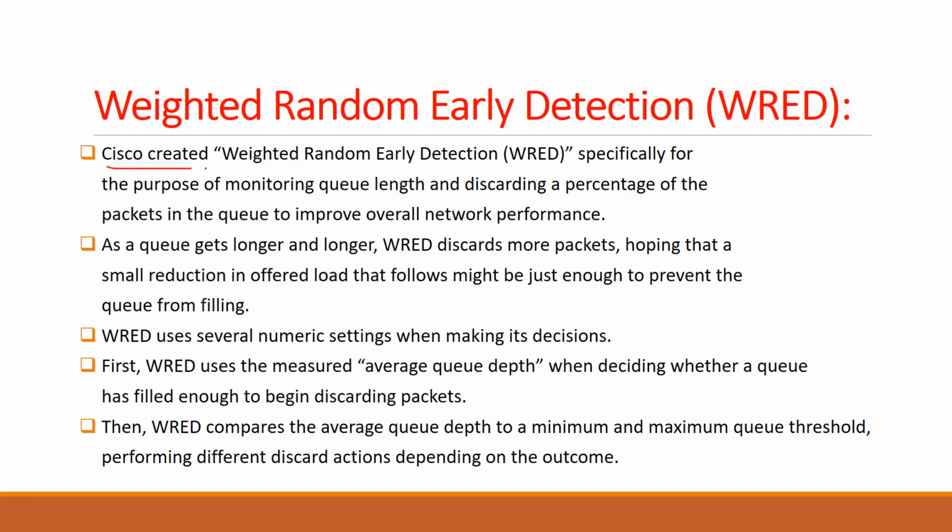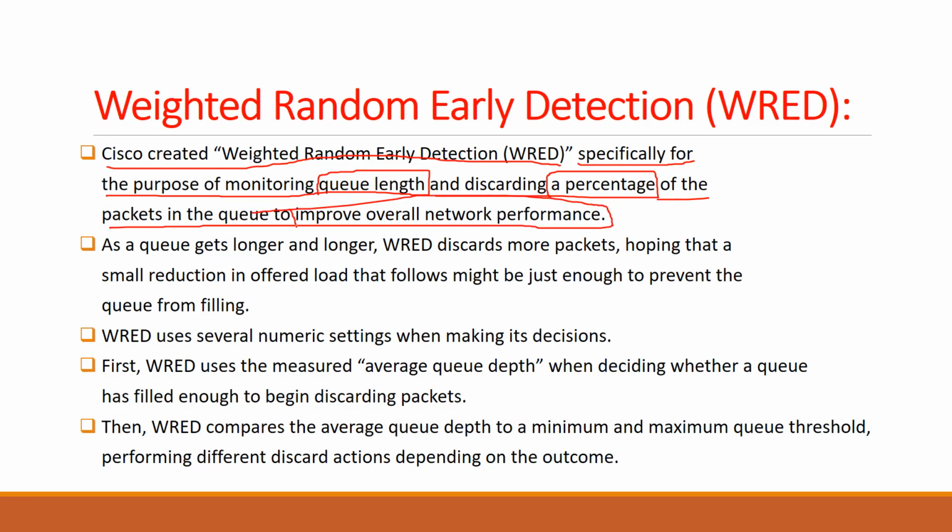Cisco created weighted random early detection, or WRED, specifically for the purpose of monitoring queue lengths and discarding a percentage of the packets in the queue to improve overall network performance.